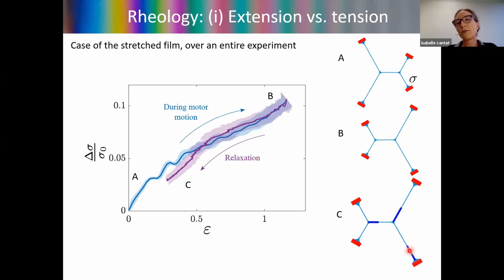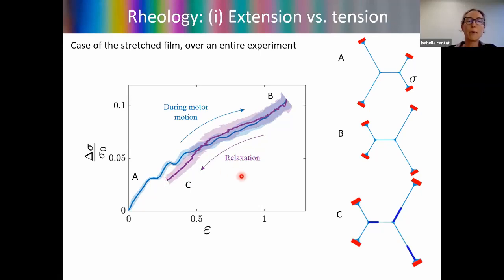And so when the Frankel film grows, the size of the initial film decreases. And so you will follow this curve in the other direction during the relaxation and come back almost at the initial size the initial film had.